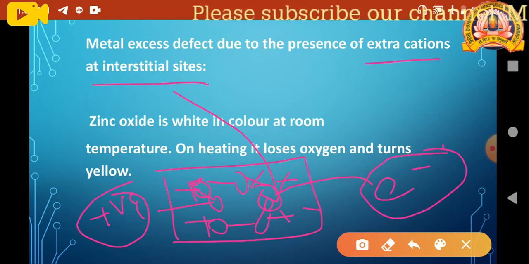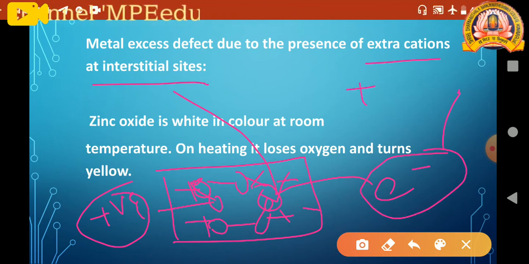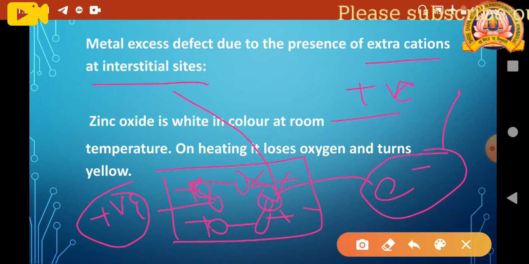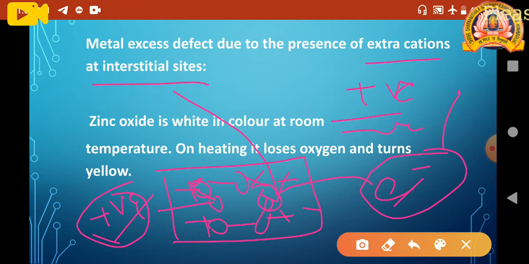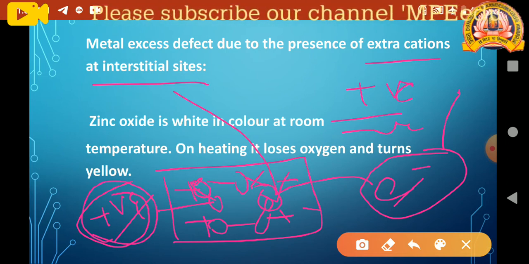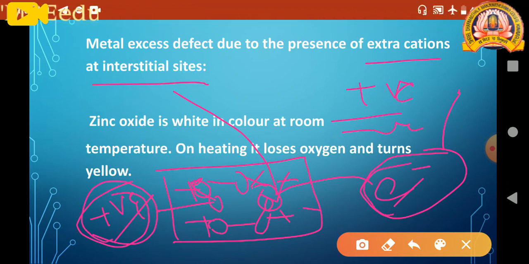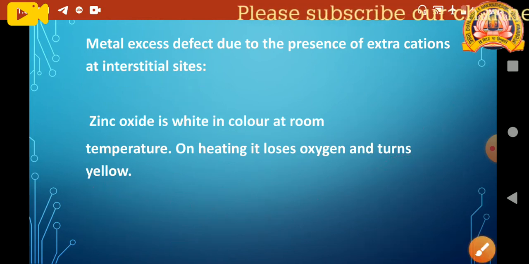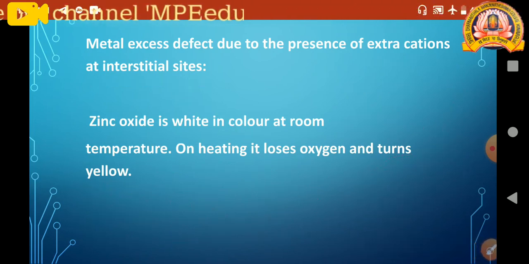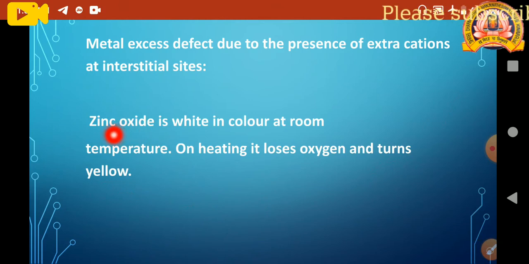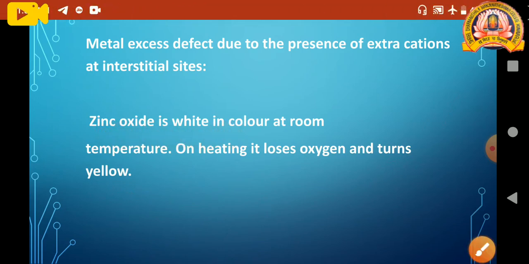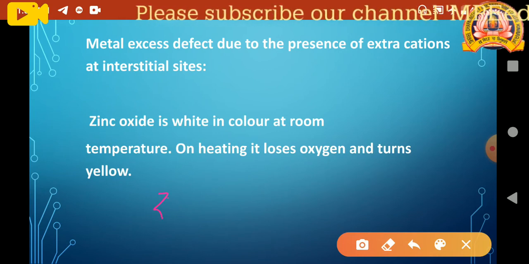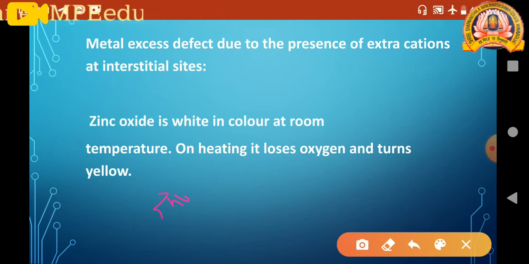In the big crystal, suppose there is positive, negative, positive, negative, positive, negative, positive, negative. The interstitial site is acquired by, suppose, a positively charged ion. Then how is electrical neutrality maintained? It is maintained by another electron occupying the neighboring interstitial site. The very near vacant space is occupied by an electron.